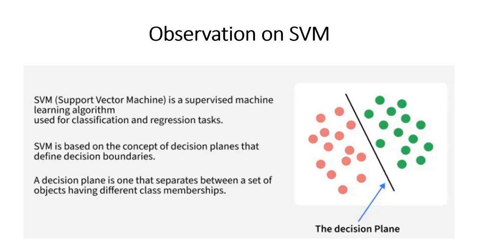The black line shown here is called the decision boundary or decision plane. The line divides the data into different classes. When a new email arrives, the algorithm checks on which side of the line it falls.